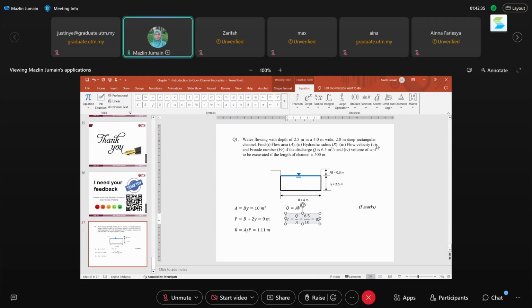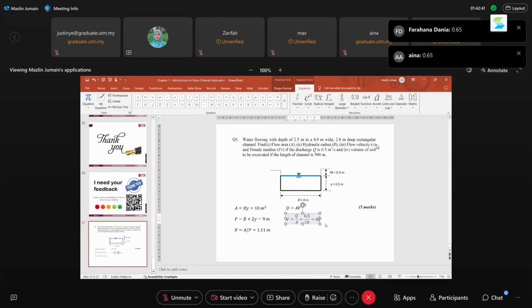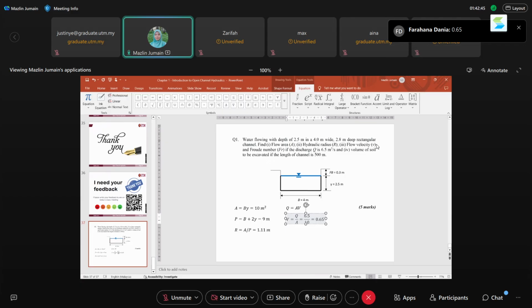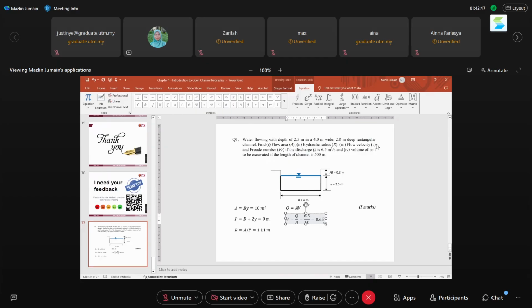Sorry, the area is 10, not 9. 9 is the wetted perimeter. So this one will be 0.65. What is the unit for velocity? Meter per second. Okay.